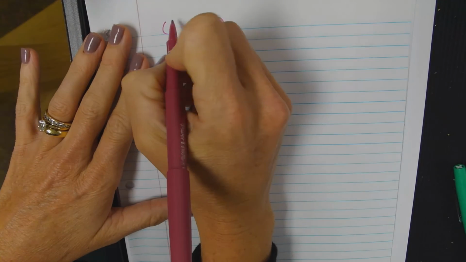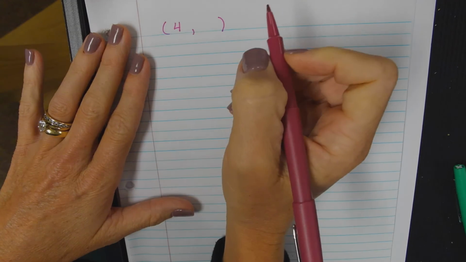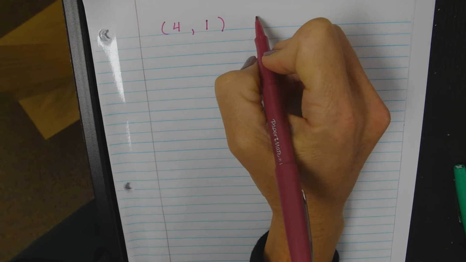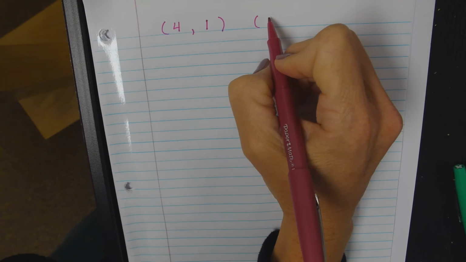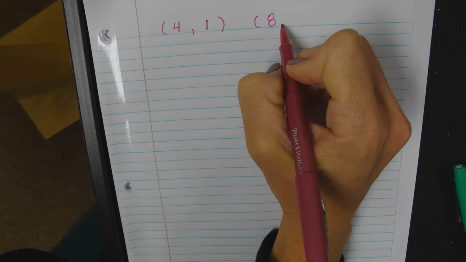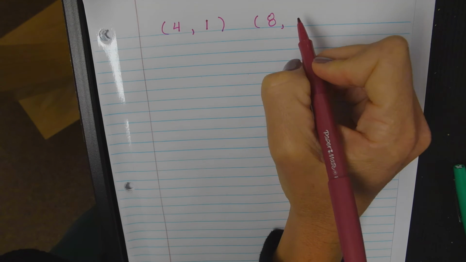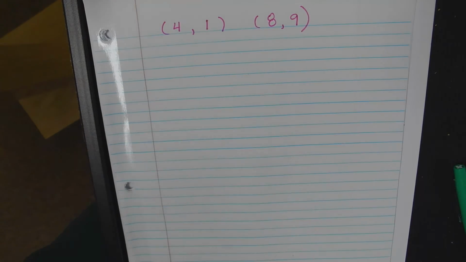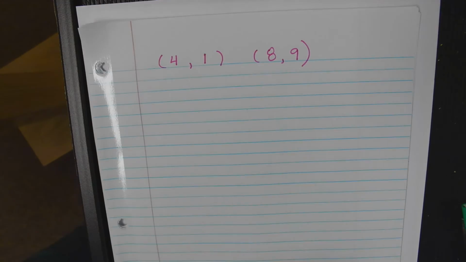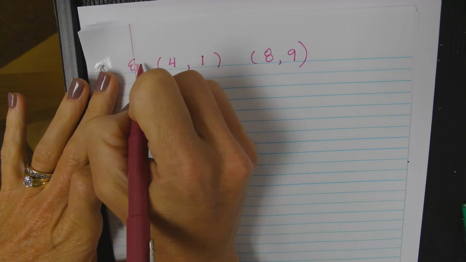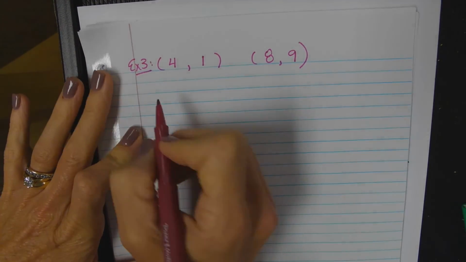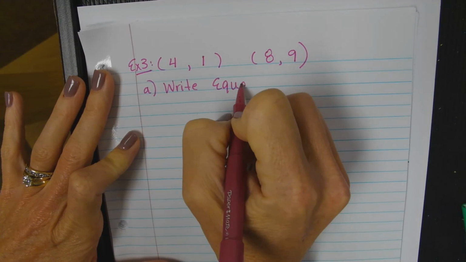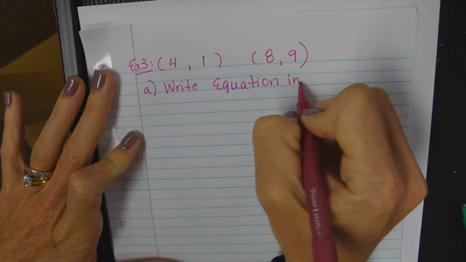I'm giving you 2 points this time. 4, 1, 8, 9. So this is going to be example 3. A, write the equation in point-slope form.